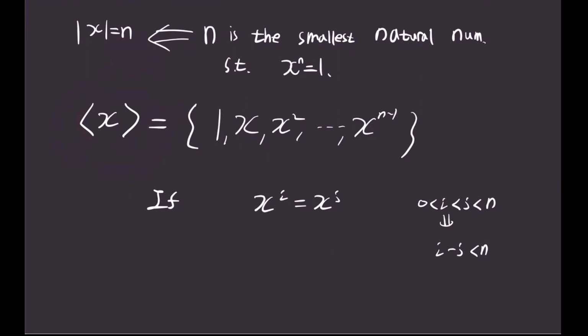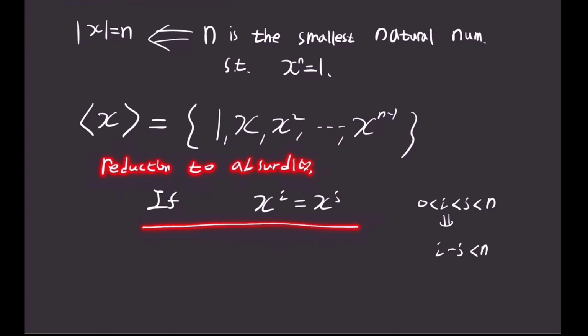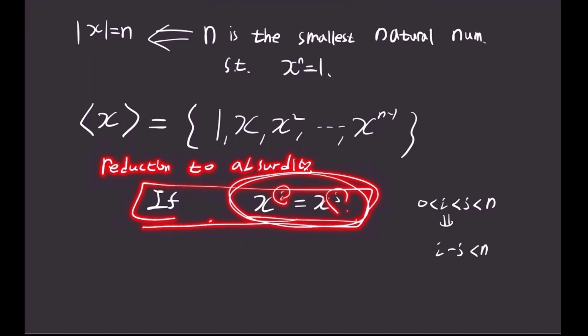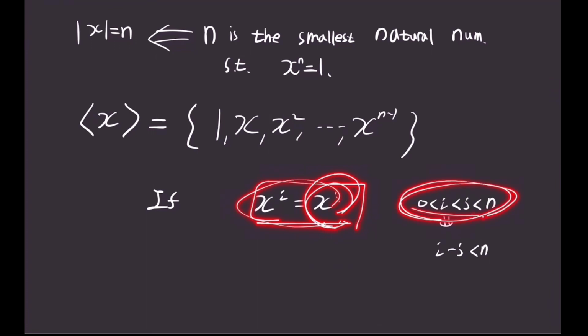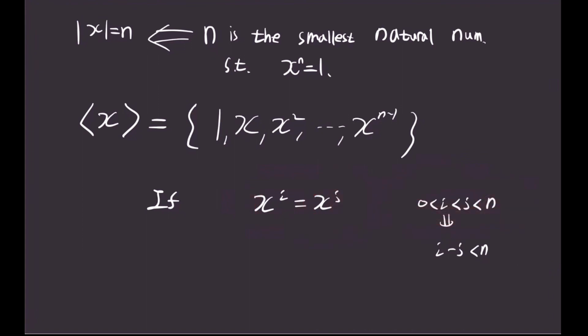So we just have to prove there is no overlapped element, and I will use reduction to absurdity. Let's assume that there are some indices i and j such that x to the power of i is equal to x to the power of j, then the indices must be between 0 and n, right? This is very easy.